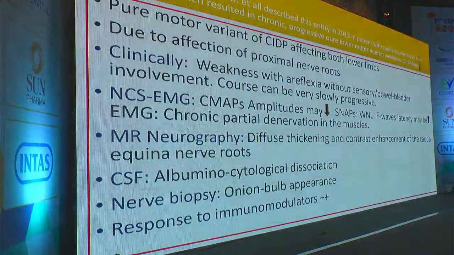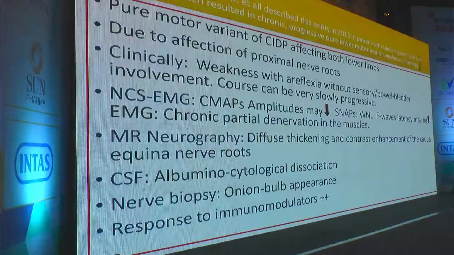Then what is CIMP? It typically presents with slowly progressive weakness in both lower limbs of lower motor neuron type along with areflexia without any radicular pain, without any bowel bladder involvement, without any history of back pain. That differentiates it from cauda equina syndrome because of spine diseases like spondylosis or some structural lesions affecting the roots and plexus.